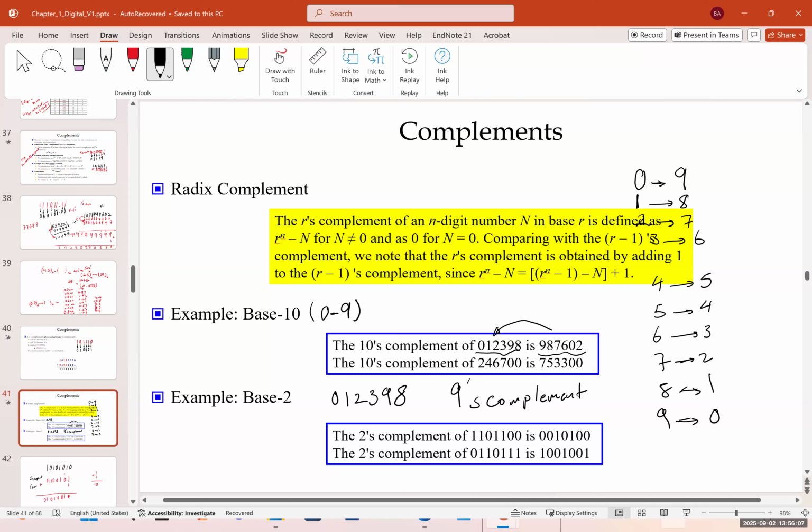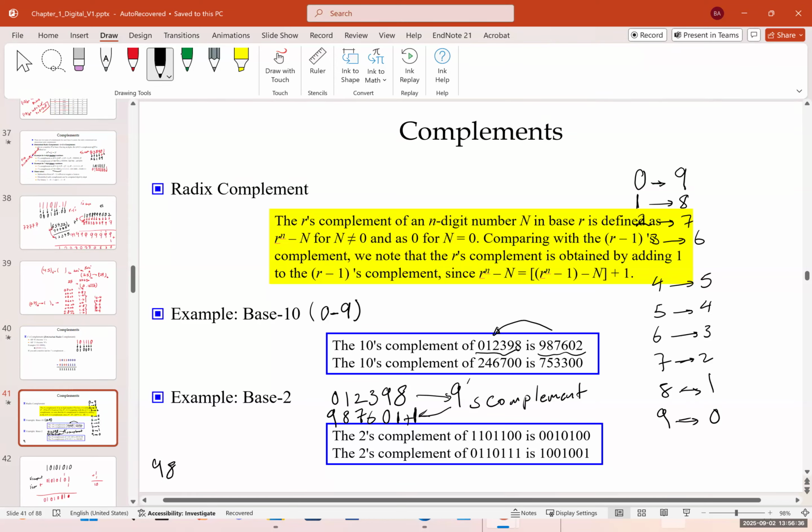So the 9's complement for this is going to be 9, 8, 7, 6, 0, 1. Now, this is called the diminished radix complement. If I want to find the radix complement, I simply add 1 to it.